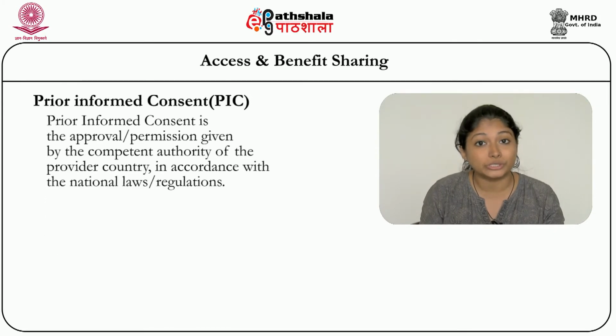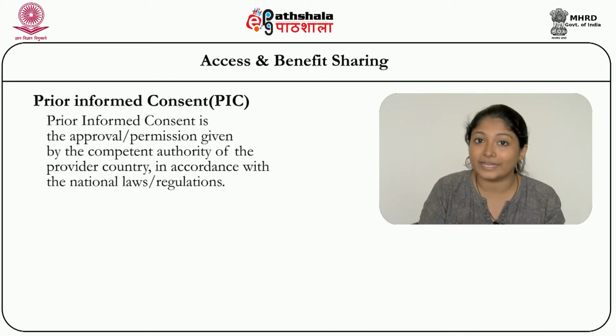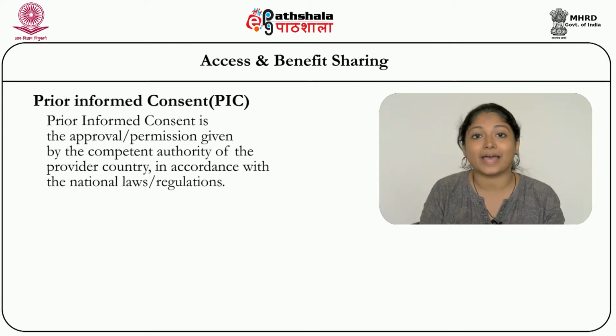It will utilize this biological resource and put it in the market, or maybe research on it, or have different end uses out of it. So, you will have two parties, that is the country which is providing the biological resources and the country which is receiving the biological resources under the convention.